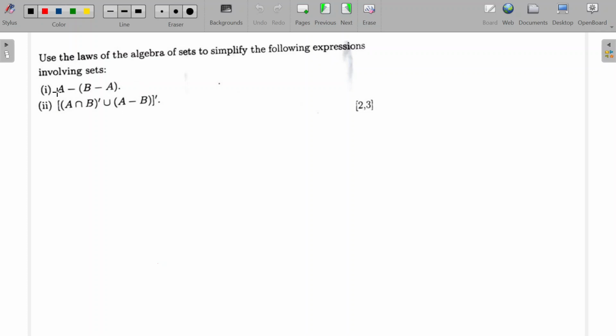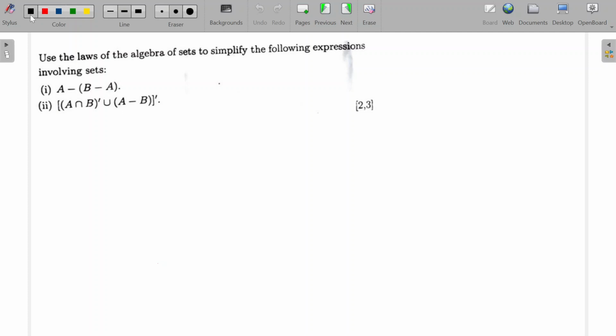We have I, which is A minus (B minus A), and then Roman numeral 2, which is the complement of ((A intersection B)' union (A minus B)). So this is the first question we are supposed to solve.